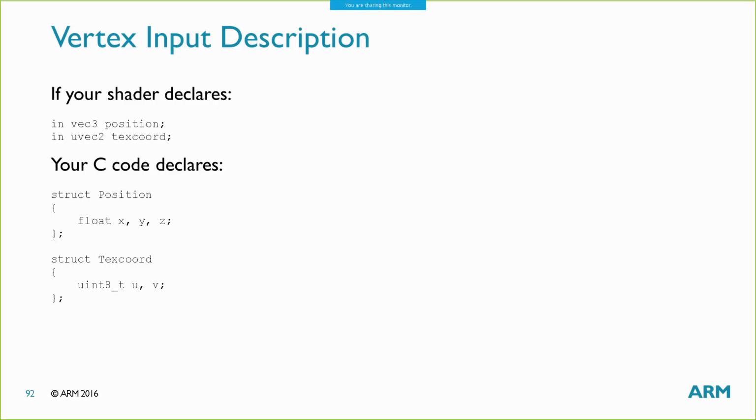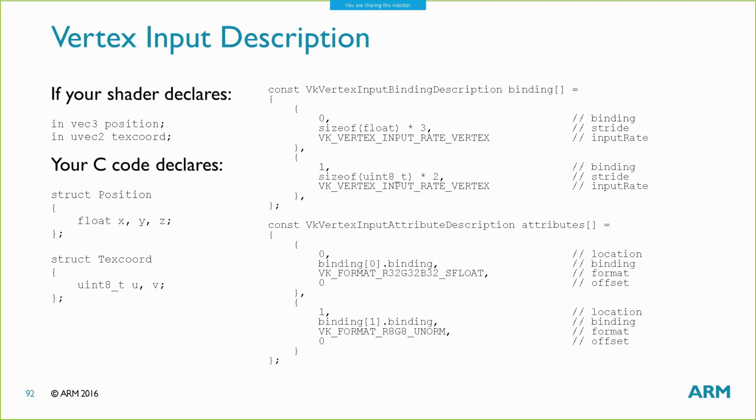In Vulkan, it looks a bit more like this. You have binding descriptions, which are basically how many buffers I'm going to bind to the command buffer before I can draw with that pipeline, and then the attribute description, which is basically what the attributes within those buffers look like.